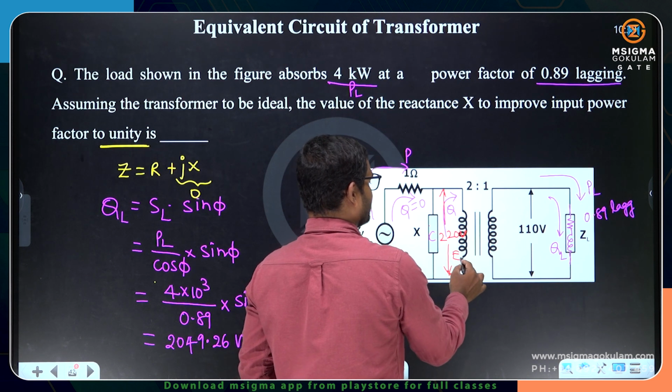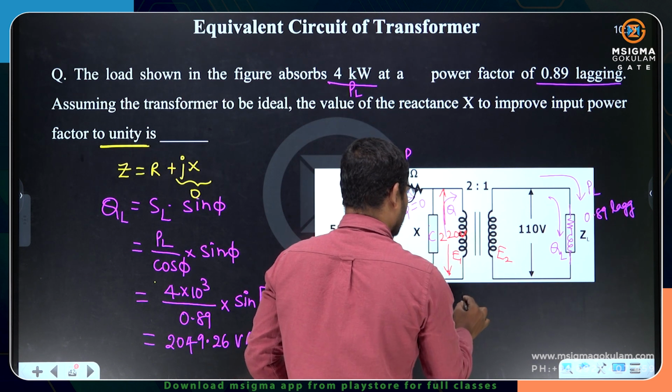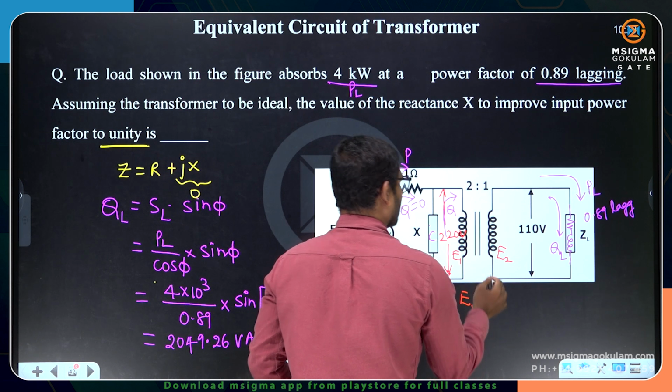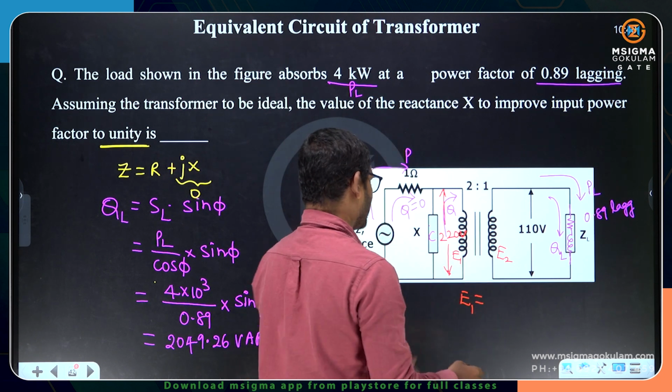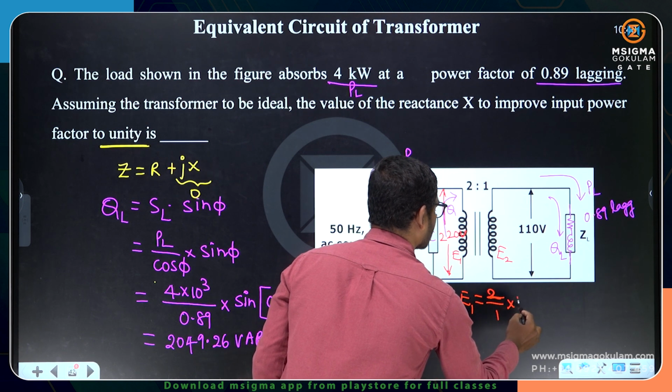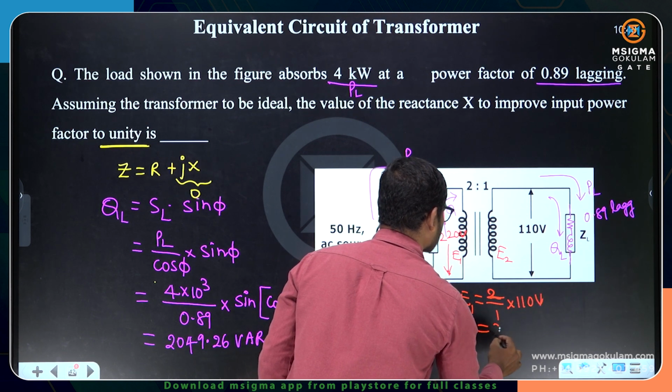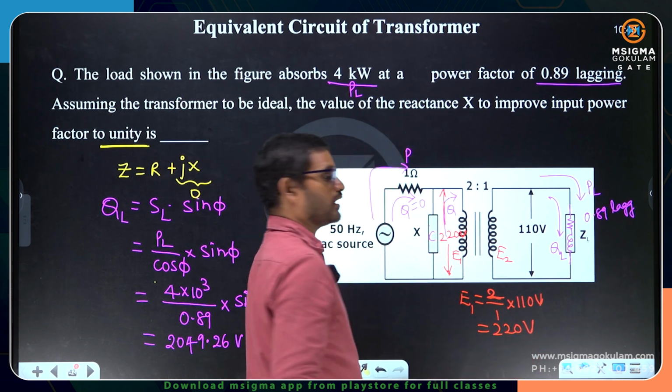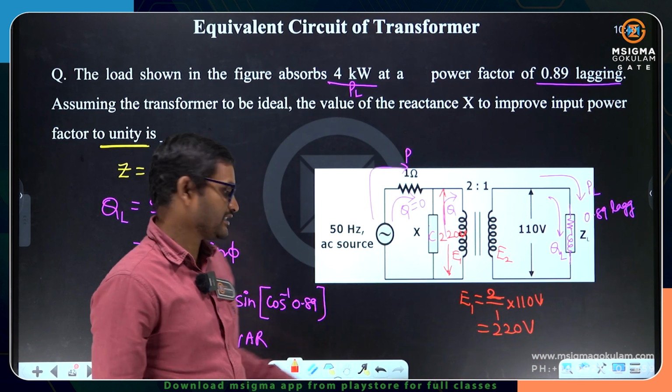If you make it as E1 and E2, then E1 is equal to N1 by N2, that is 2 by 1 into 110. So you will be getting 220. So the voltage across X is 220, just supply 220.